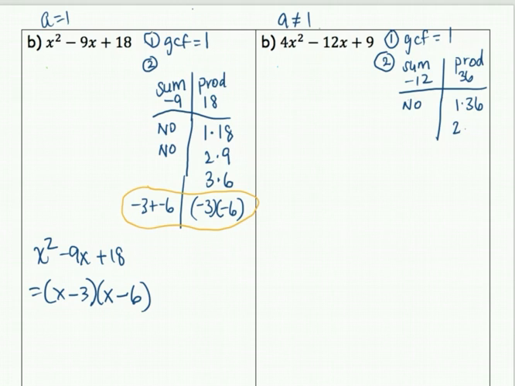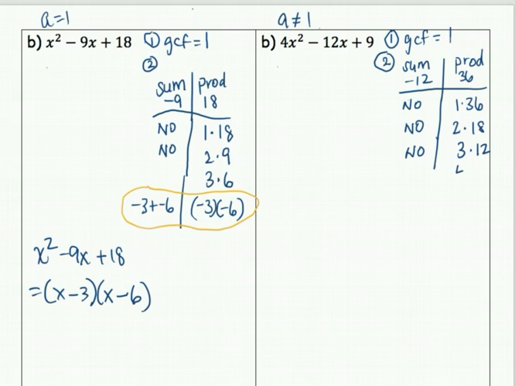How about 2 and 18? Are they going to make a 12? No. Okay, so again, you're just trying to add and subtract, trying to find the ballpark numbers here. What else? 3 times 12 makes 36. Can I tweak those and make 12? Nope. I'll add to 15, or if I subtract them, I get a 9. Nope.